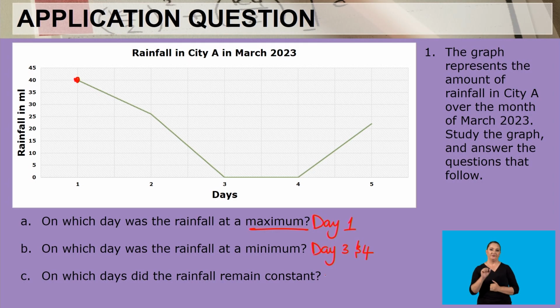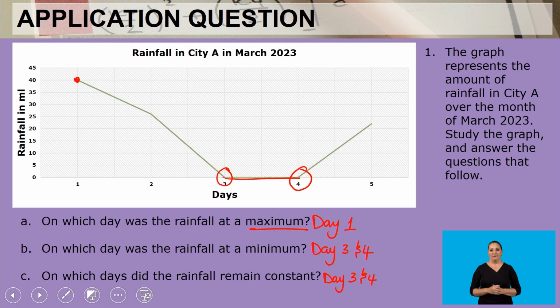Yes, we do. That is again our day 3 and our day 4. And why are we saying that it is constant? It is because on day 3 there was no rainfall at all, and again on day 4 there was no rainfall at all. The horizontal values were increasing, but the vertical values remained the same.